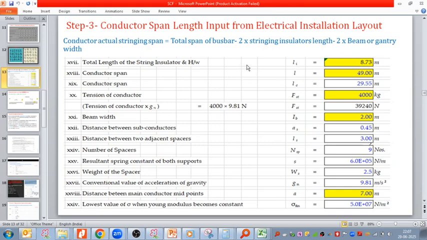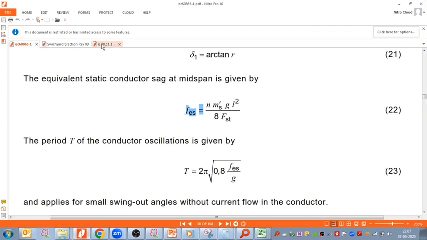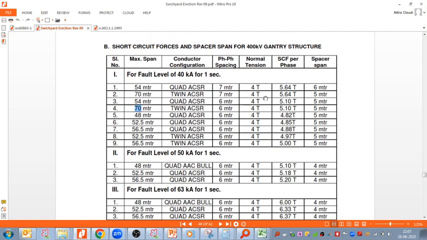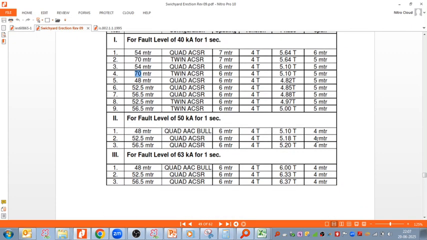Next is the distance between two adjacent spacers. As you can see over here, we are providing the spacer, and the spacer span means every 2.5 meter we have to provide a spacer. This is for 220 kV. For 400 kV, it is every 5 meter or 4 meter.